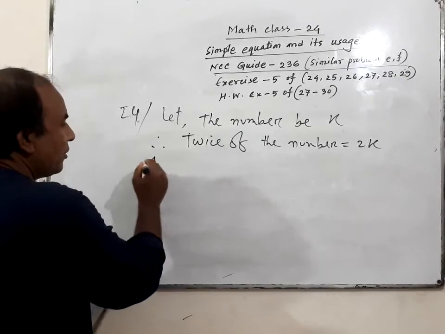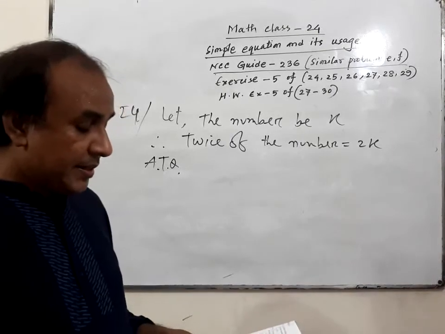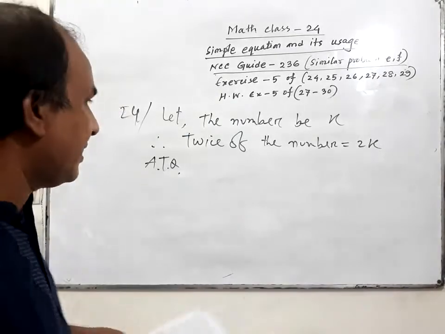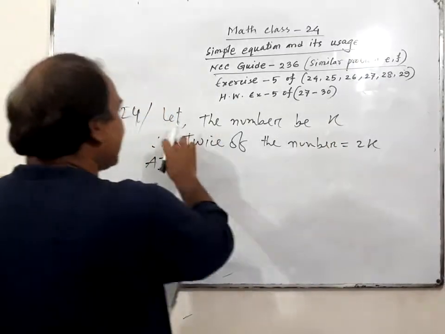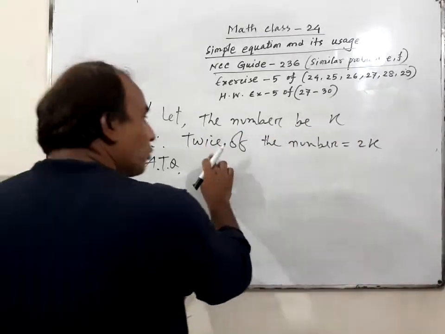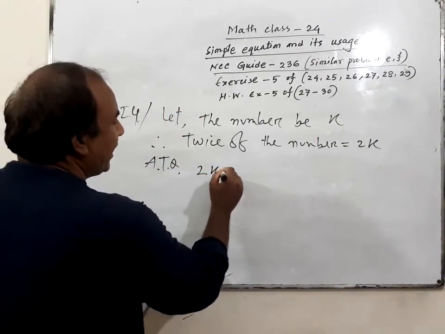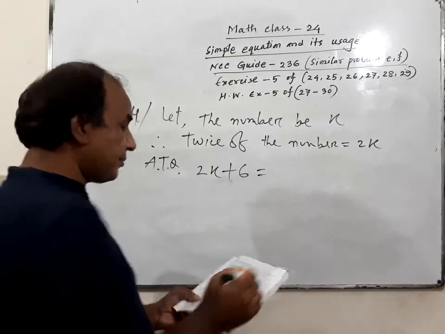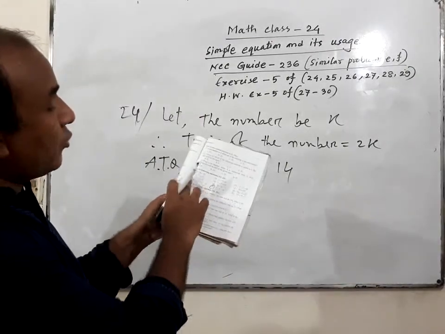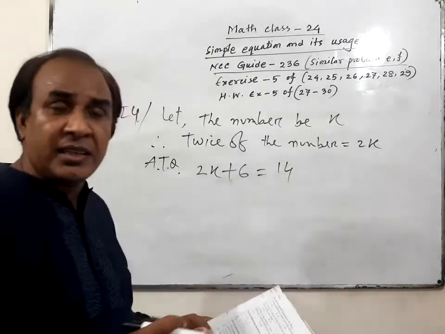So ATQ, according to the question. What is the question saying? If 6 is added to twice a number, let the number be x, it was not in our question. So twice the number means 2x. So the equation is 2x plus 6 is equal to 14. In the previous math, 12 to 23, they had given an equation and we solved it.